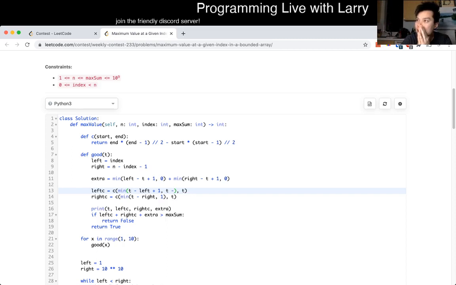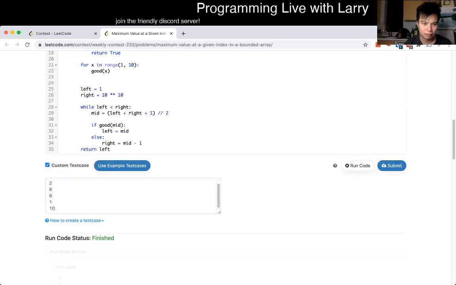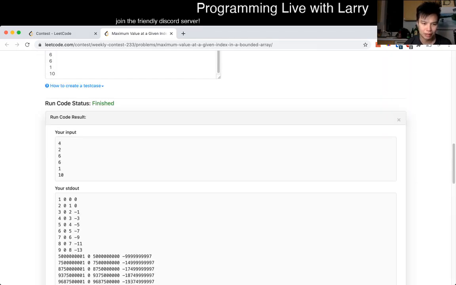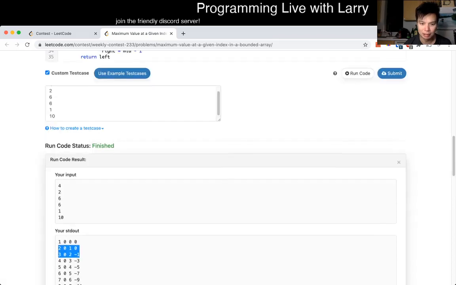Why am I so bad at this? Okay, so let's say we're at 1. We're at 1, so then we want to use 0 numbers. So it's T minus this thing. Maybe? Okay, I mean, this is better, but the extra stuff is wrong, clearly.